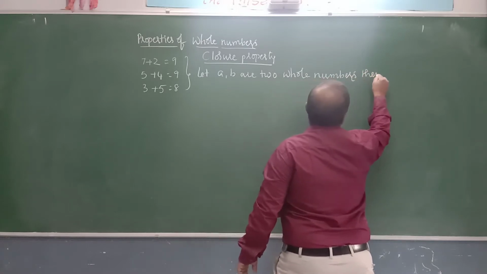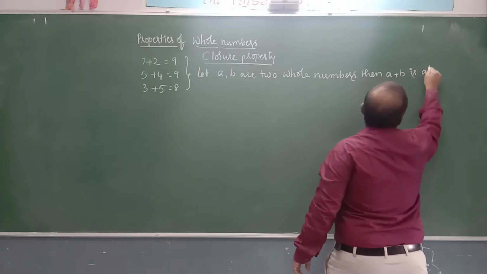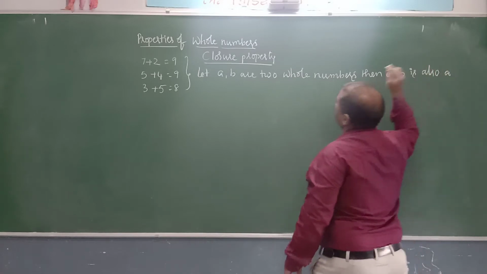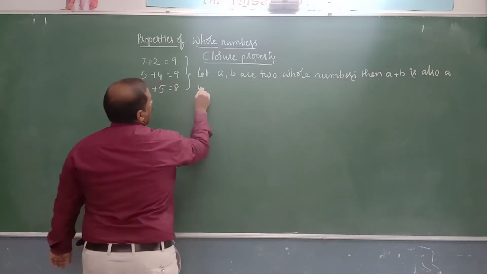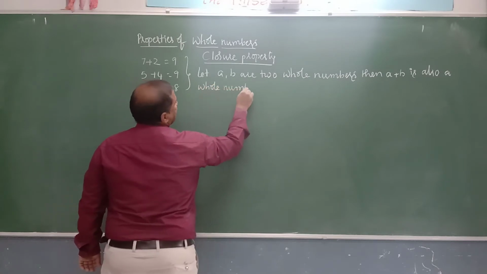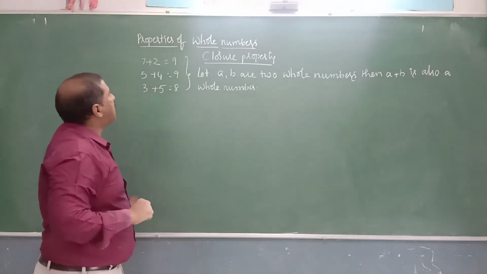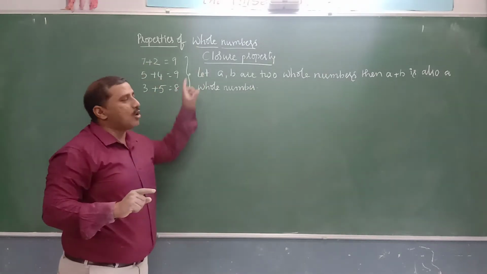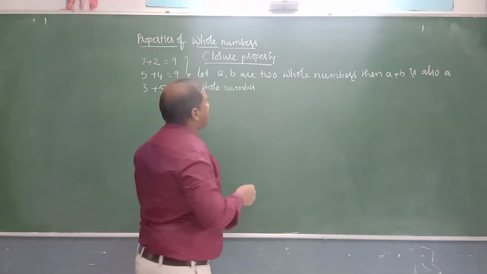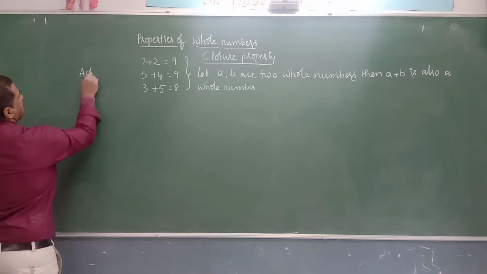Then A plus B is also a whole number. This property is known as the closure property, and we can say that whole numbers satisfy the closure property under addition.